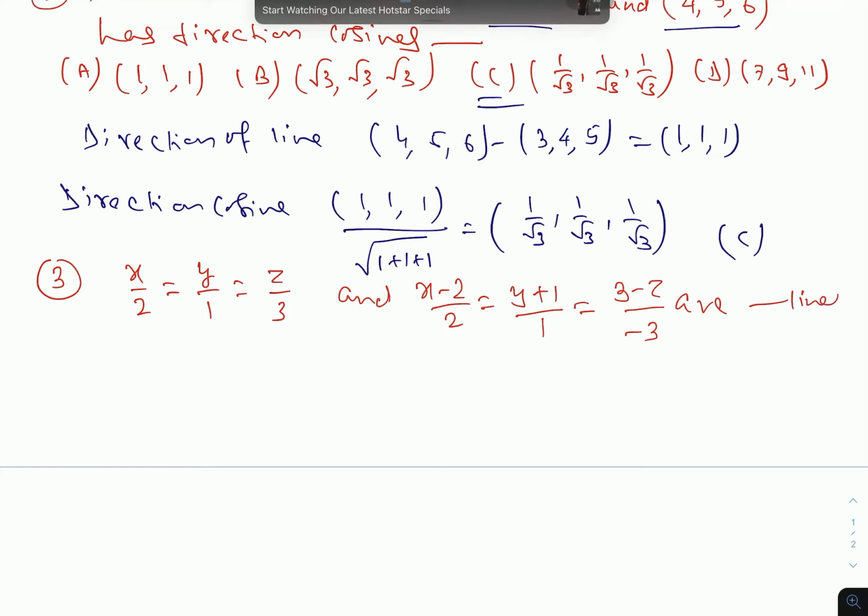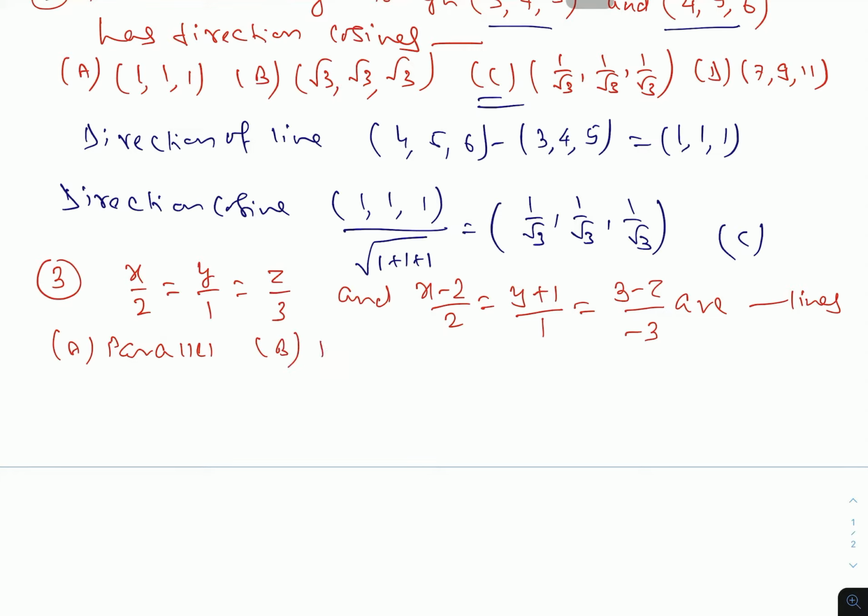So the options are parallel lines, perpendicular lines, coincident lines, or intersecting at an acute angle.